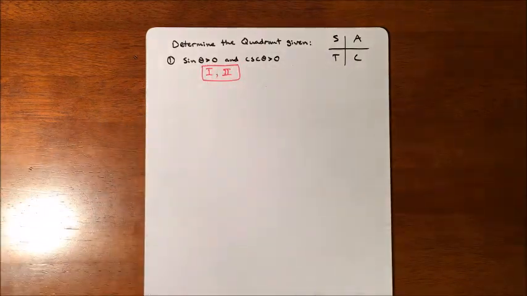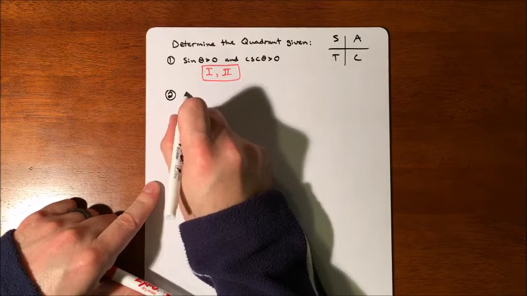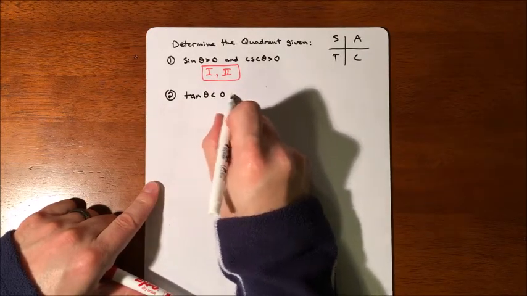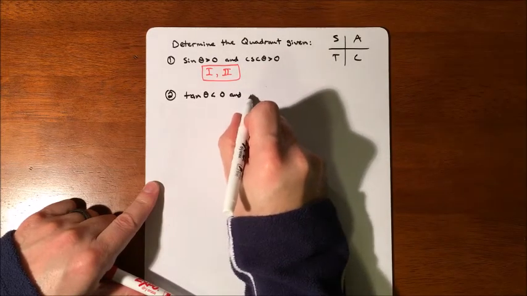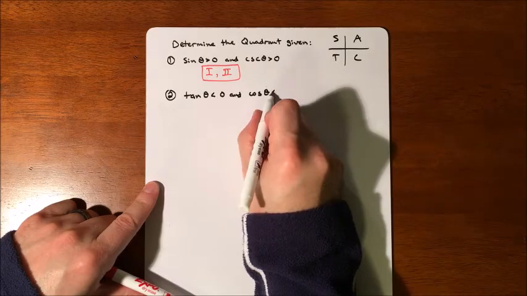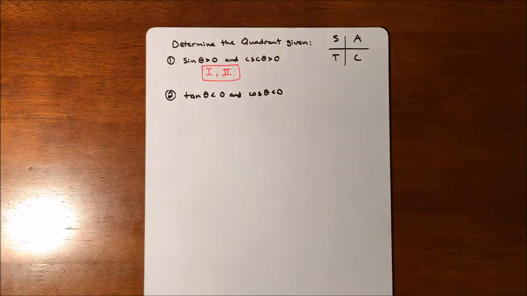All right, so what if you were given tangent of some angle was less than 0 and cosine of some angle was also less than 0. So let's figure out where you might be here.